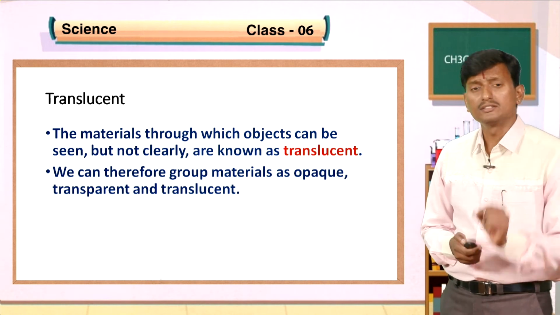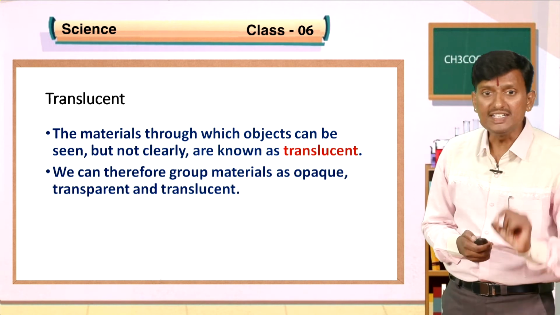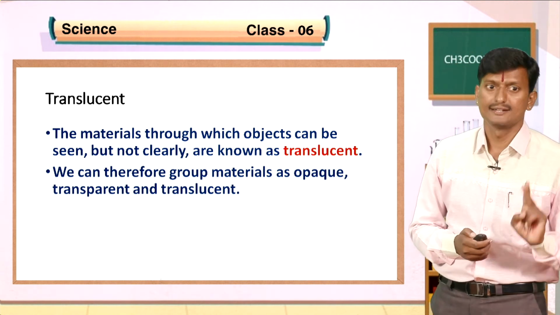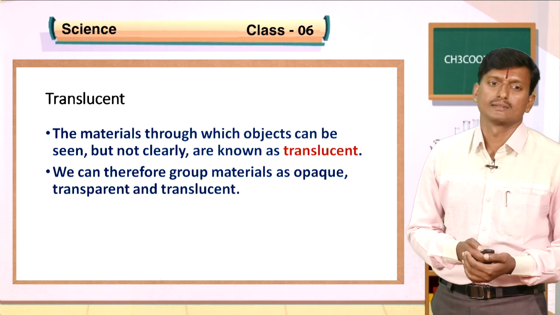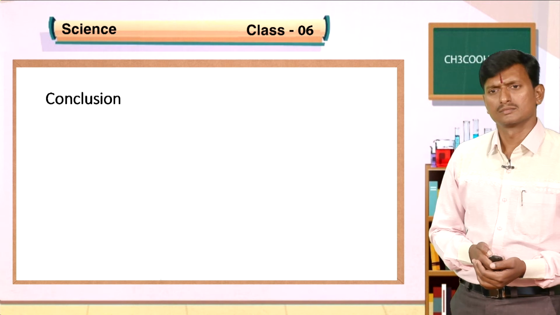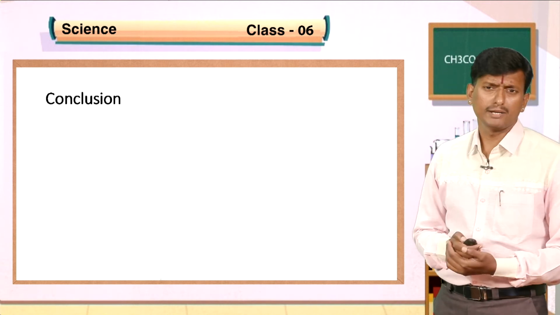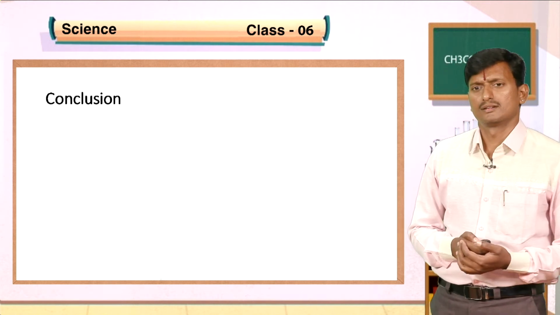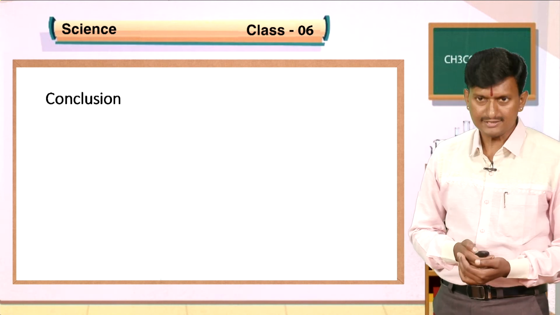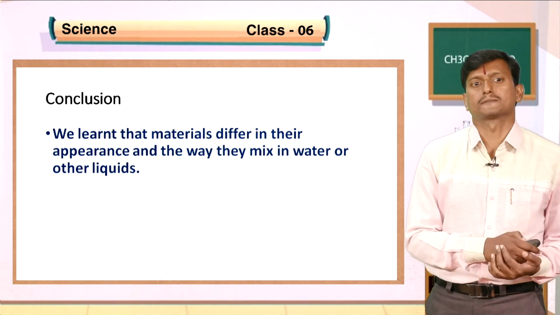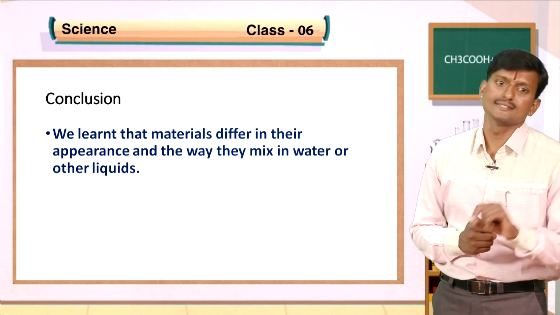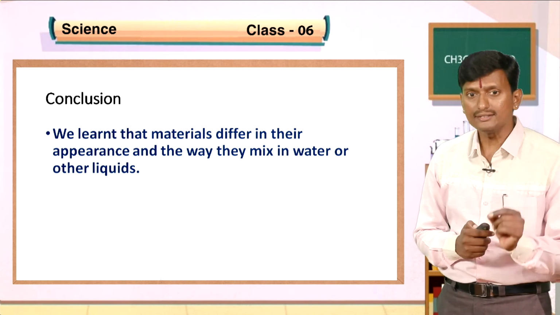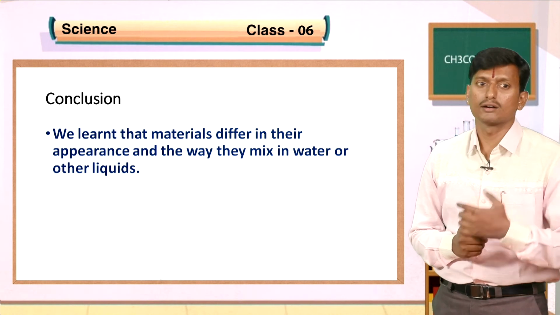We can therefore group materials as opaque, transparent and translucent. So, what is the conclusion? By all these experiments and points, we can conclude that materials differ in their appearance and the way they mix in water or other liquids.